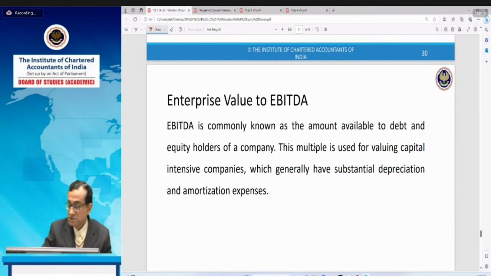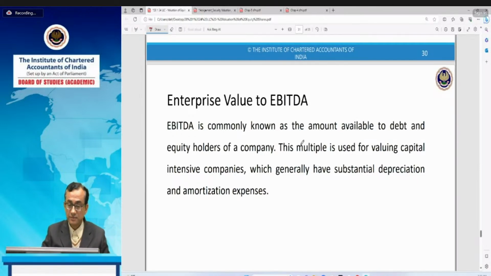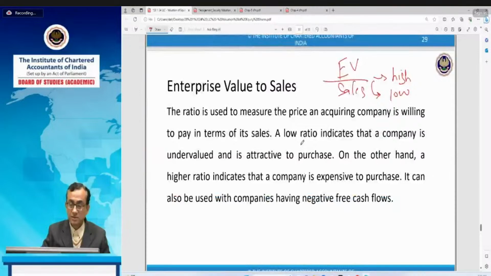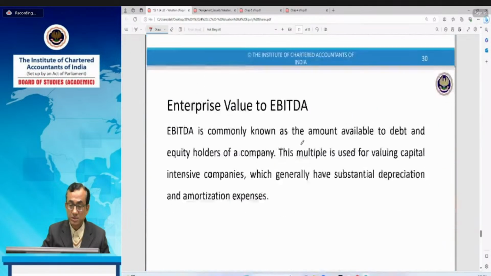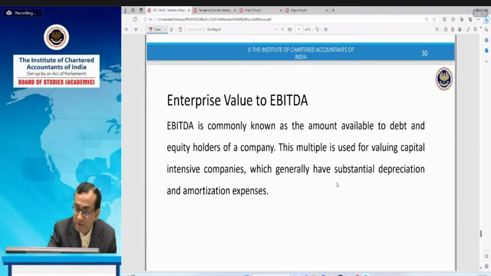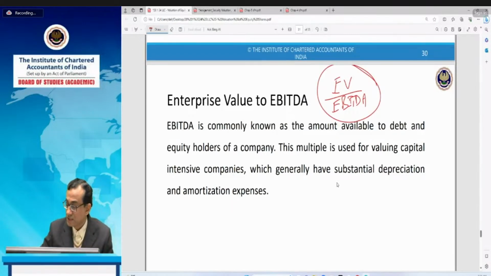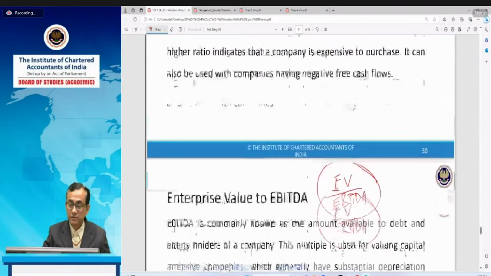No, Shruti, this ratio is different. Enterprise value to sales is enterprise value upon sales, and enterprise value to EBITDA is enterprise value upon earnings before interest, tax, depreciation and amortization. So these are two different ratios, and the approach is different.